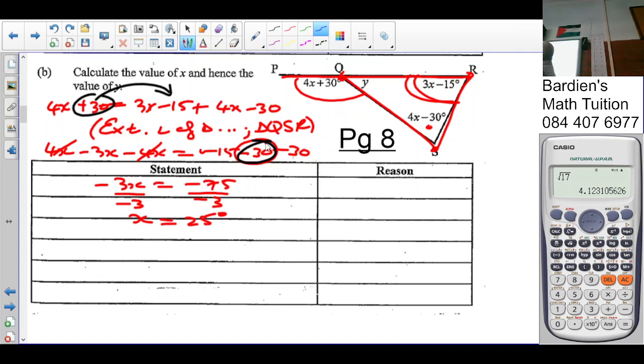So what was your opening equation? 4x. So you say that this angle is equal to that angle. Why?